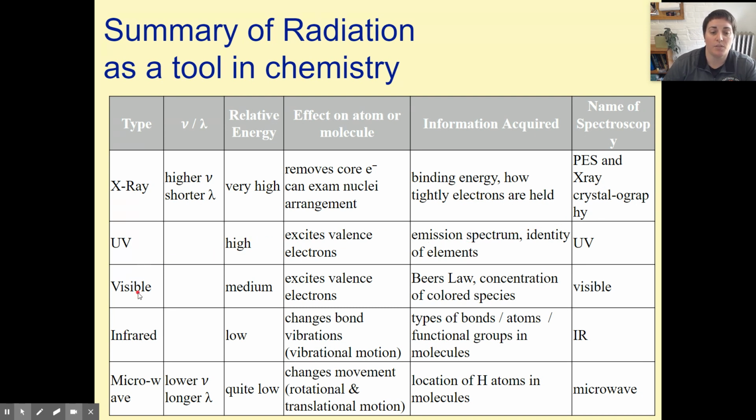UV and visible EMR excite the valence electrons, but they can't get into those core electrons. Infrared has much lower energy. It just changes the vibrations of the bonds, but it doesn't actually knock any electrons out. And microwaves have much, much lower energy, and can be used to study just translational and rotational motion of atoms.